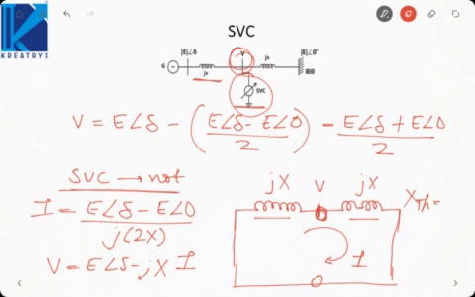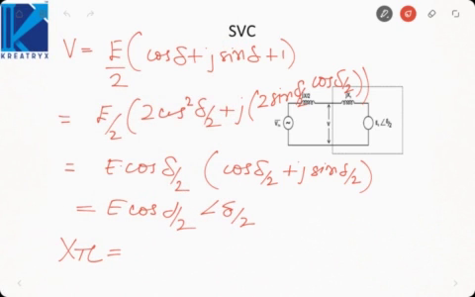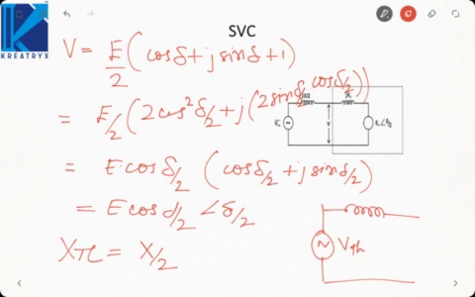So X Thevenin will be X by 2. Now we have the Thevenin equivalent, which is V Thevenin, E cos delta by 2 angle delta by 2, and X Thevenin. So what to do now?